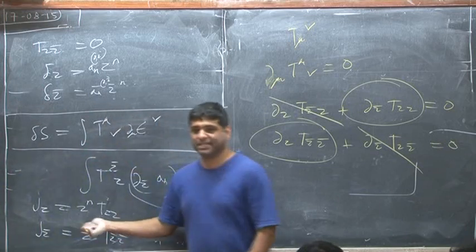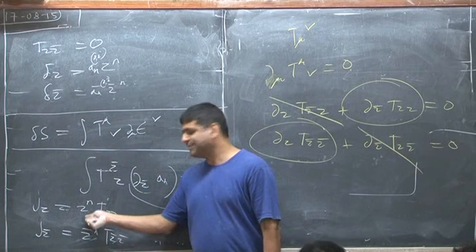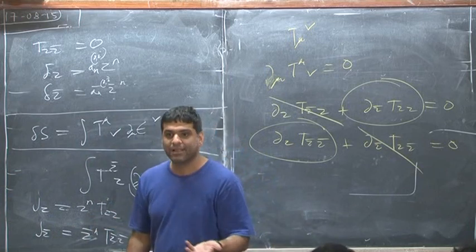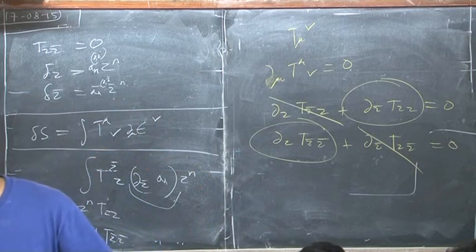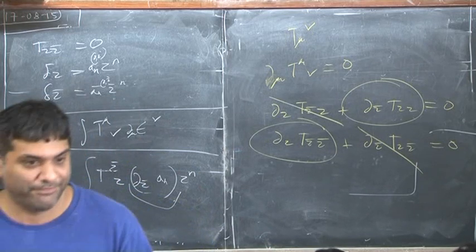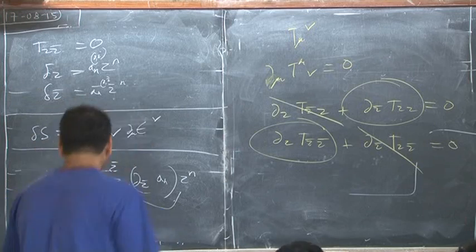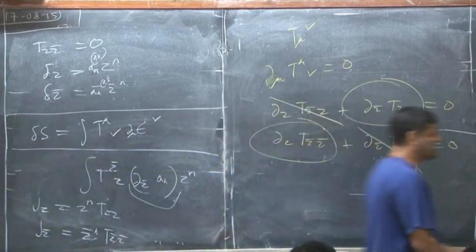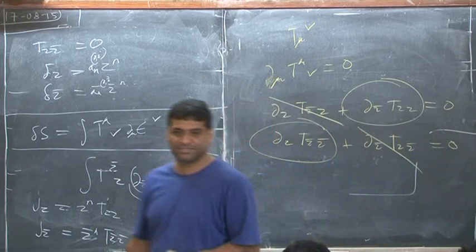But the corresponding currents are deadly simple. They're just the stress tensor times functions of coordinates. So the full algebra of this group of conformal transformations is captured by the operator product expansion of the stress tensor. And the last thing we'll do in this lecture is to discuss what we can say about the structure of the operator product expansion of the stress tensor.